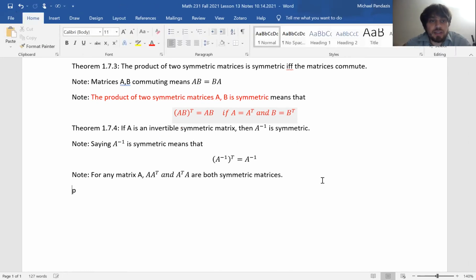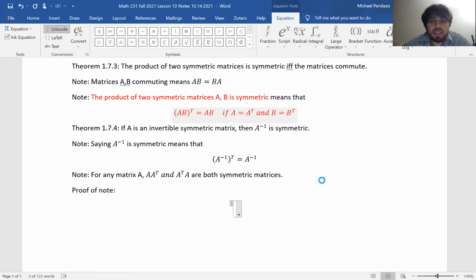And so a proof of that: if you take A A transpose and take the transpose of it, when you take the transpose of a product, it's a product of transposes in reverse order. So first you would take A transpose and transpose it, and then you would take A and transpose it. You switch the order, so it's instead A transpose A, but then you take the transpose of each.